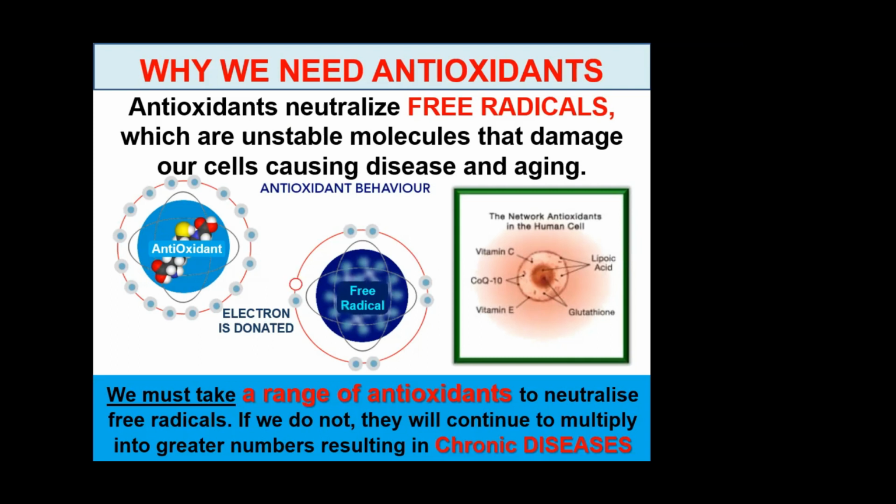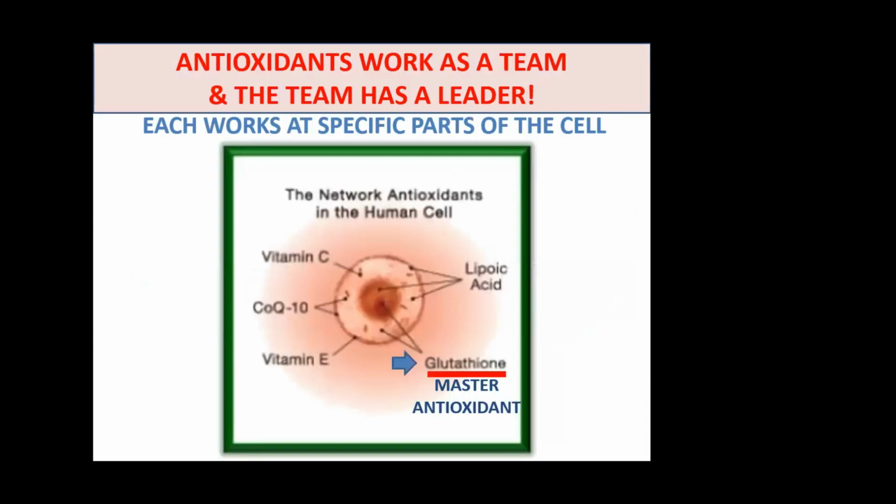Inside the cell, these are the 5 compulsory antioxidants, and they are called the network antioxidants. We must take a range of antioxidants to neutralize free radicals. If we do not, they will continue to multiply into greater numbers, resulting in chronic diseases. This is a team that is keeping our cells healthy as far as fighting free radicals. And their boss, the leader, the master is glutathione.